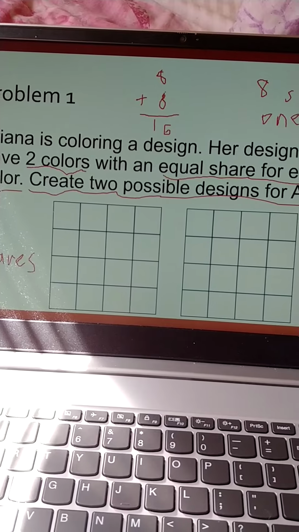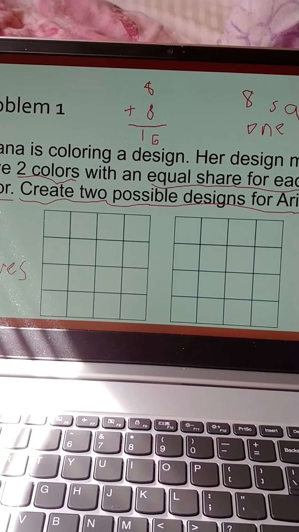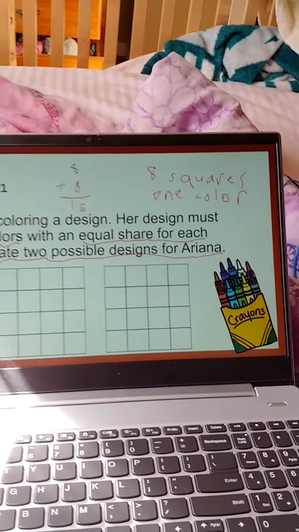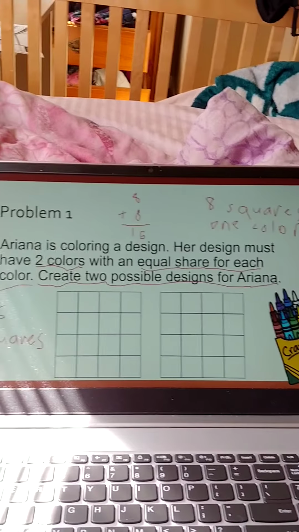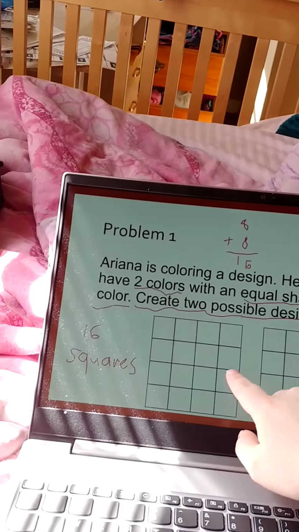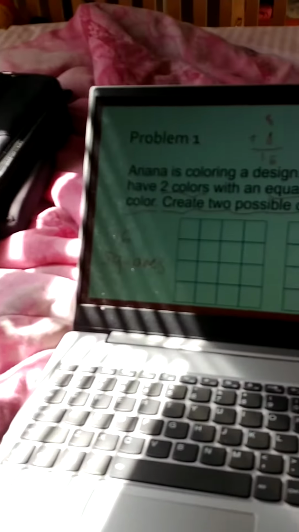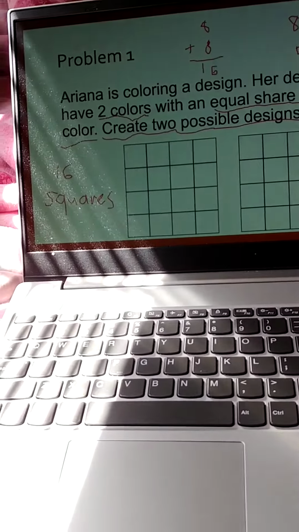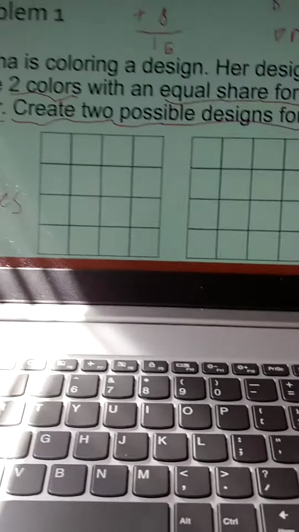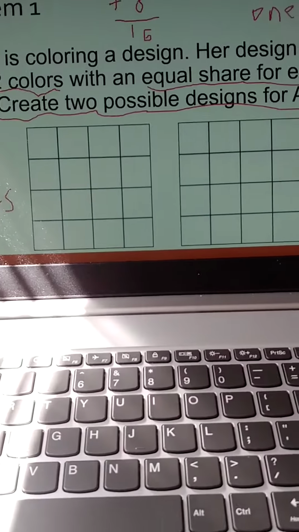So 8 plus 8 is a doubles fact. It uses the same number twice. So that means we have to color half of the squares one color and half the other color. When you add two of the same number together, it makes an equal share.